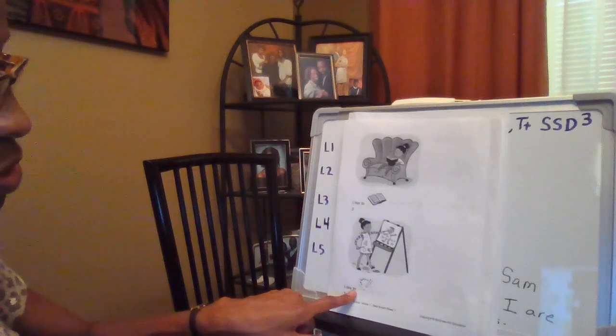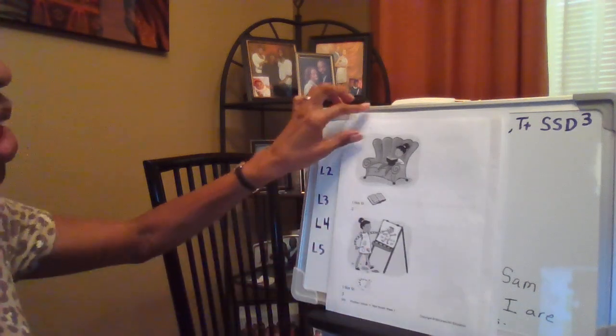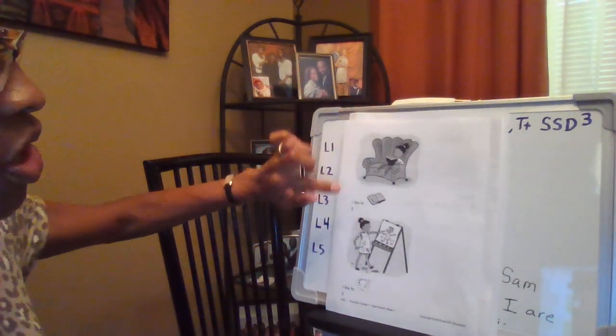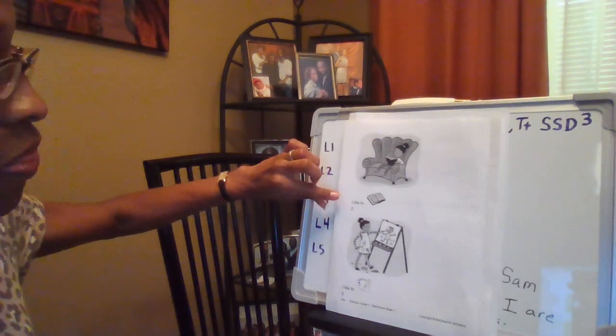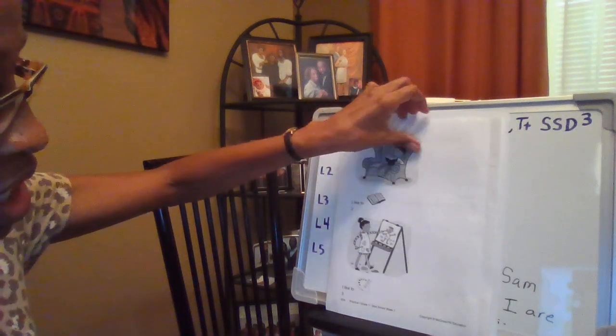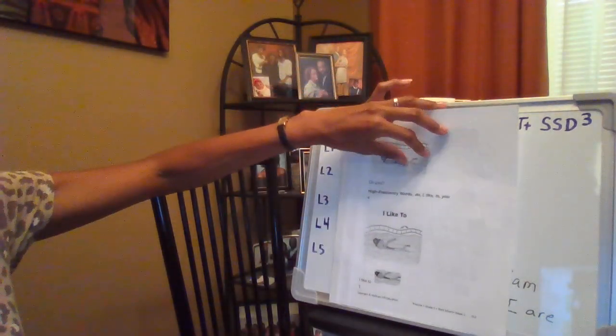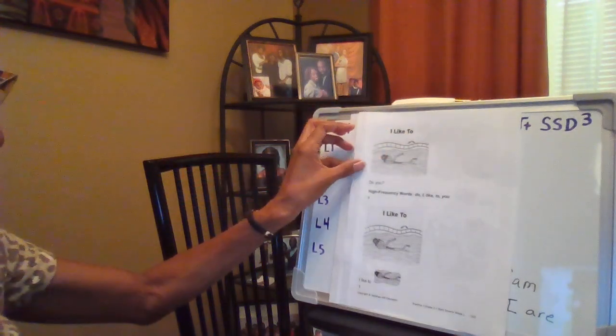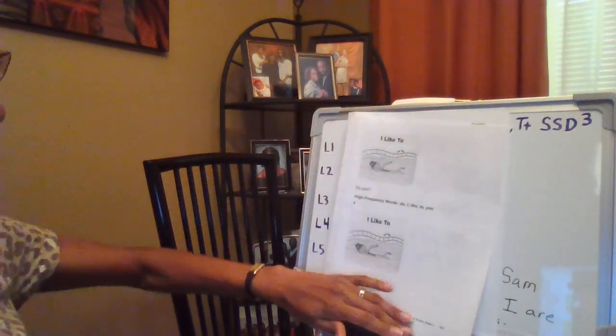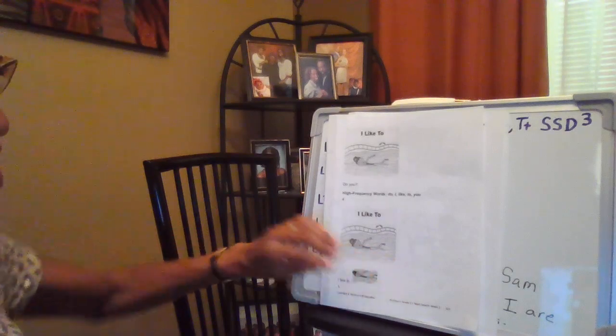I like to draw. So I want you to read this story 3 times. And then later on, I'm going to have a little writing activity for you about what do you like to do, okay? And I will explain it on your Seesaw activity.